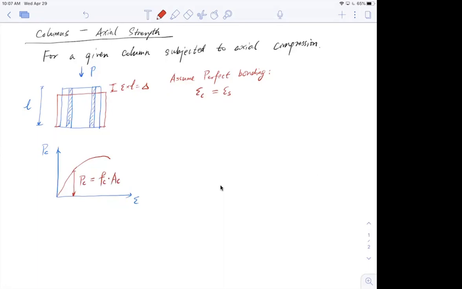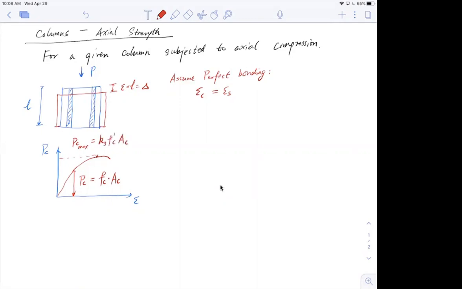The response is nonlinear, so I cannot use one stress. I have to use an effective stress. We used that concept in the flexure theory. So I'm going to say the maximum force that can be taken by the concrete section, PC max, equals a factor, let's just call it K3, times F prime C times AC.